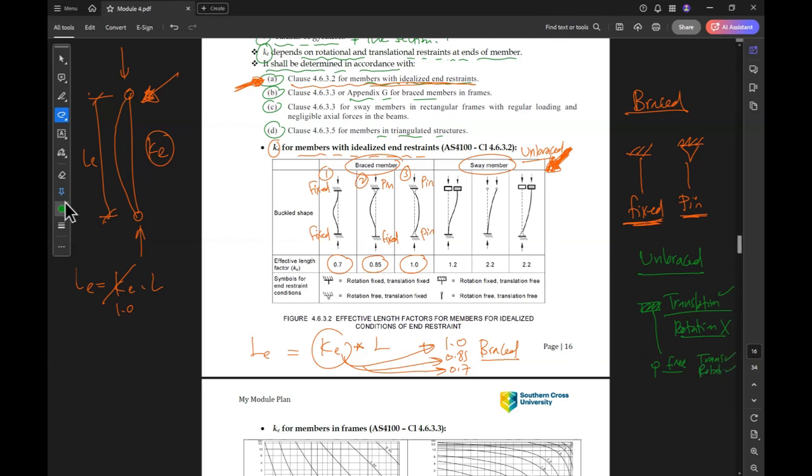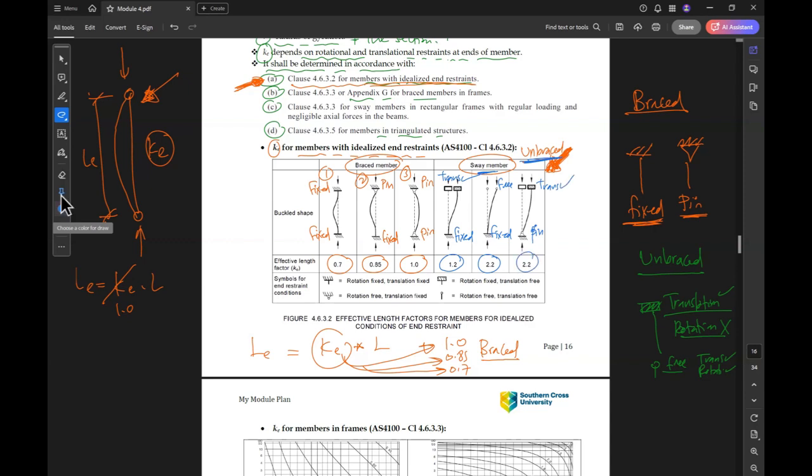For these two cases, we have different combinations for the unbraced or sway members. If we have a sway member fixed at the bottom and allowing translation only at the top, the value of KE is 1.2. If we have free at the top and fixed at the bottom, we have 2.2. If we have pinned at the bottom and allowing translation only at the top, we have 2.2.